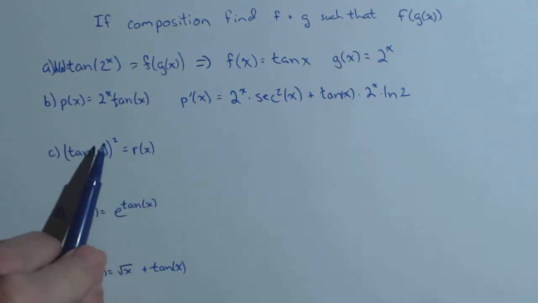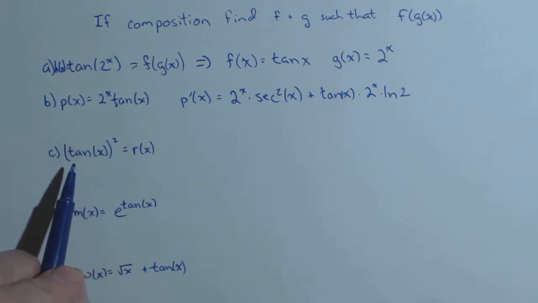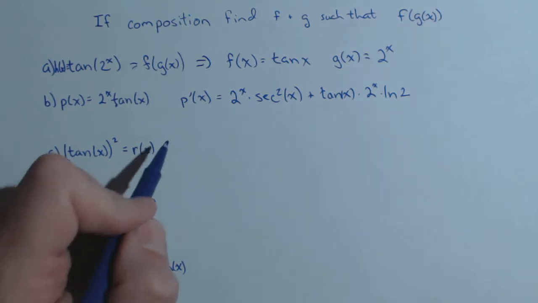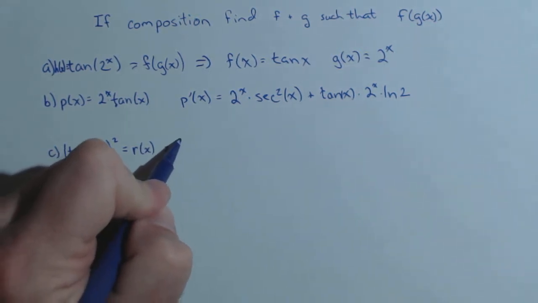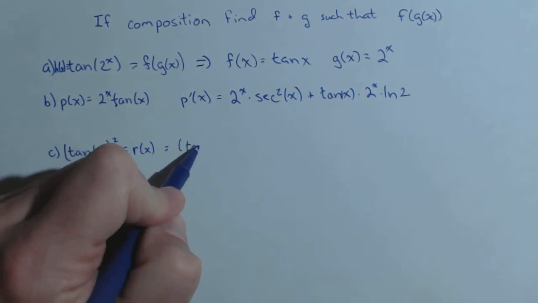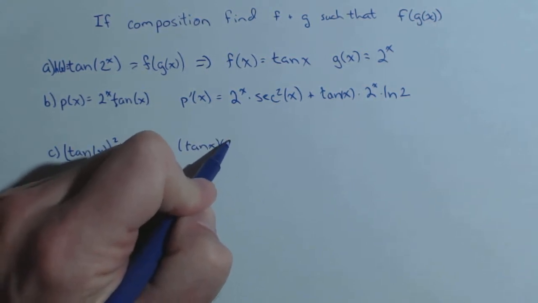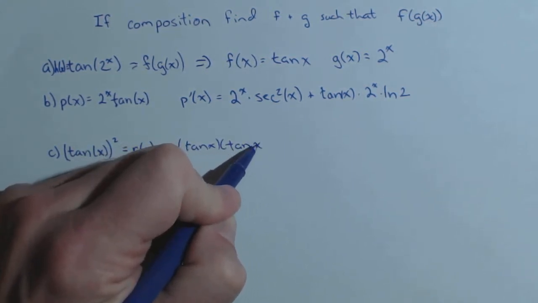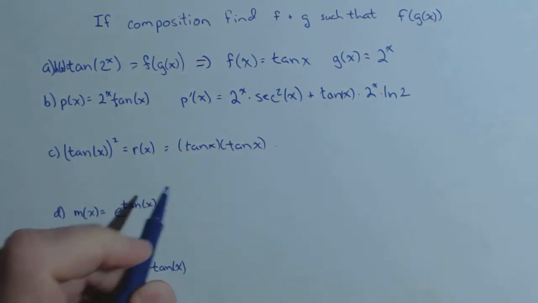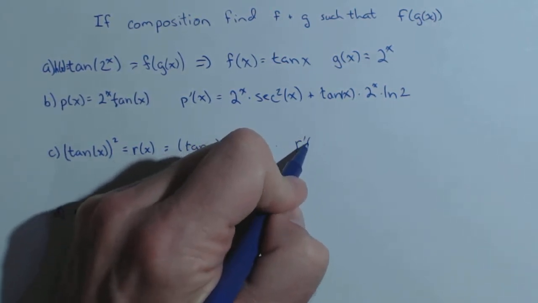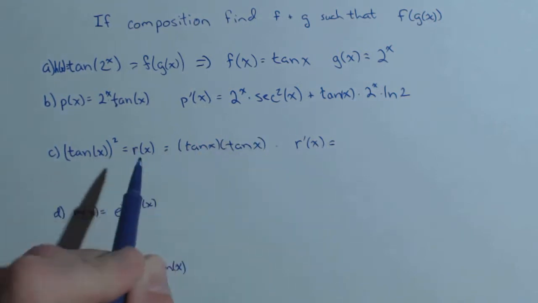R of x. This we could look at two ways. First, let's look at it as a product, because we could write it as tangent of x times tangent of x, which means we would use a product rule to find r prime of x.